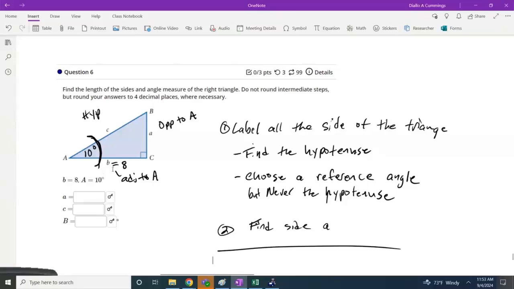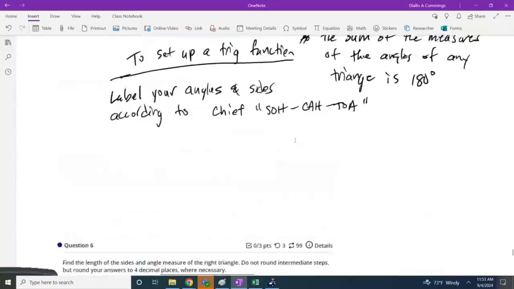So if I'm setting up a trig function, I'm looking for a trig function that has an opposite and the adjacent. So if I go back to the chief SOH CAH TOA, the tangent function is the opposite side over the adjacent side. So that's the trig function I want to use.